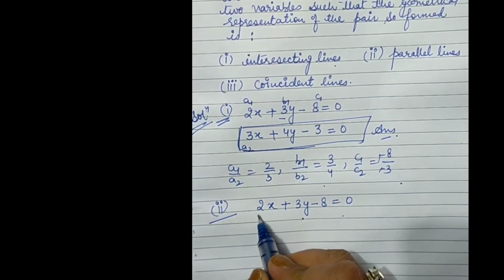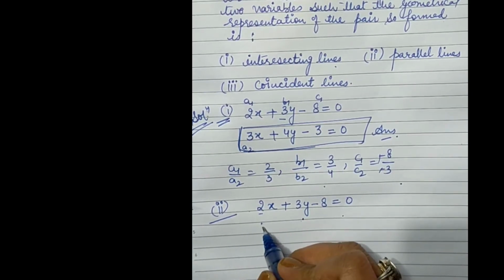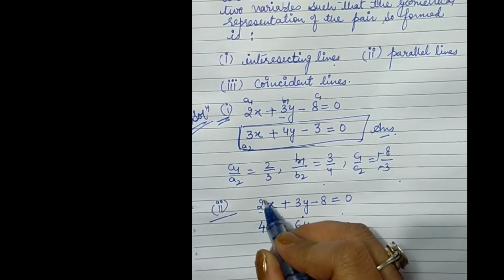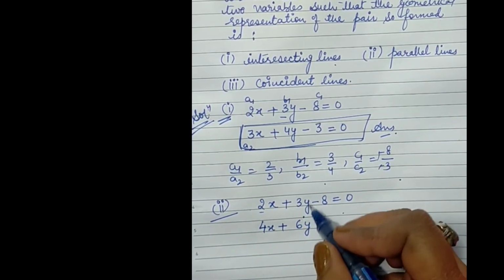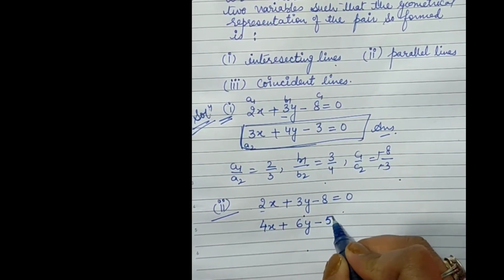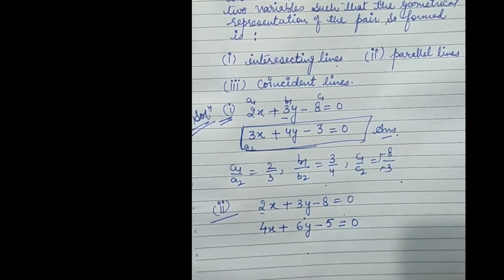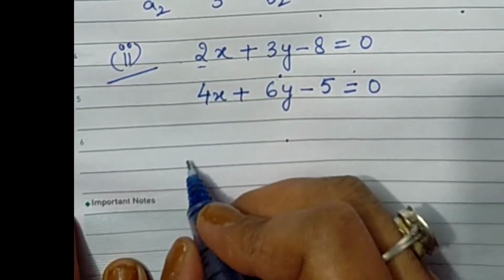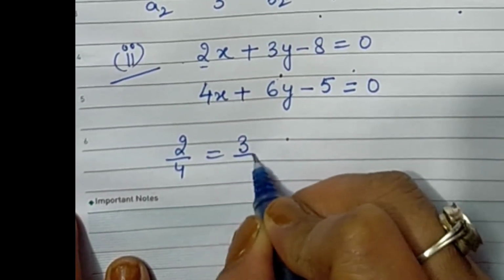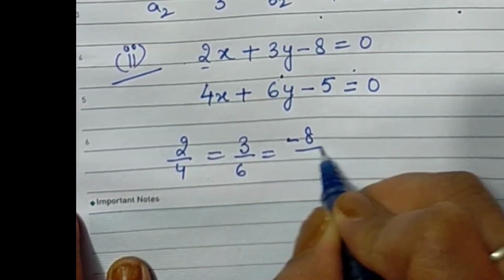So I am going to take the double of these two coefficients, 4x plus 6y, so that when I cancel them out, I will get the same ratio because I have doubled it. Here I will choose anything else, not the double of it. Now you can see 2 by 4, 3 by 6, minus 8 by minus 5.